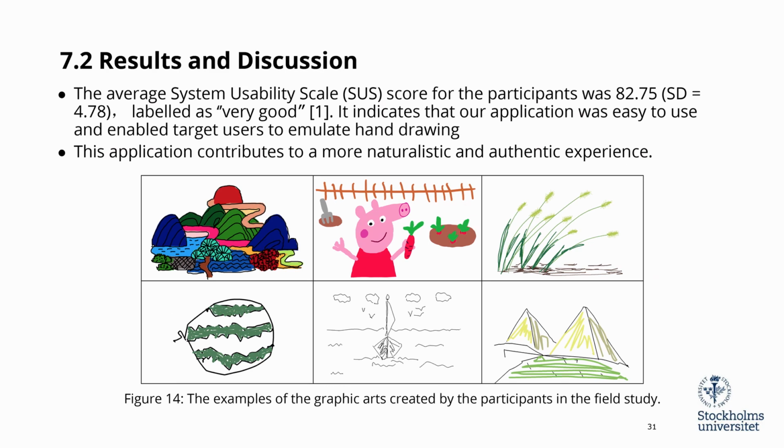The average System Usability Scale score among the participants was 82.75, labeled as very good. It indicates that our application was easy to use and enabled target users to emulate hand drawing. All the participants succeeded in implementing free eye drawing with our application, producing expressive visual works.